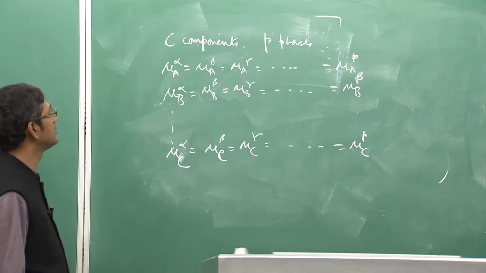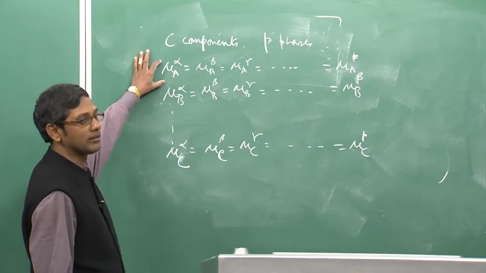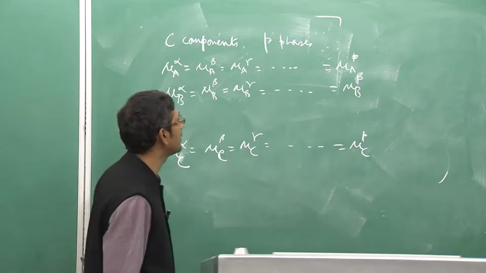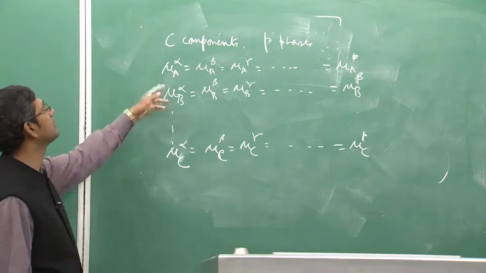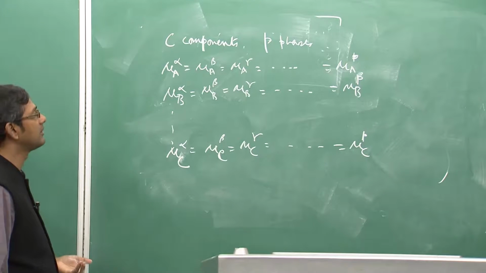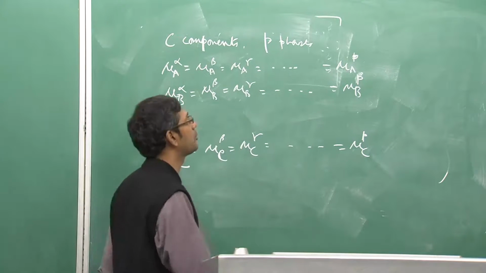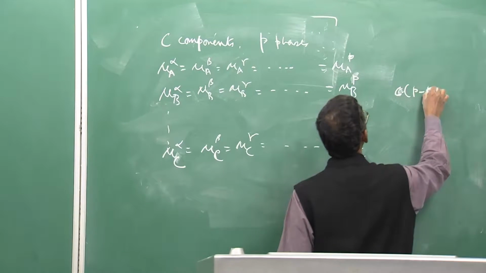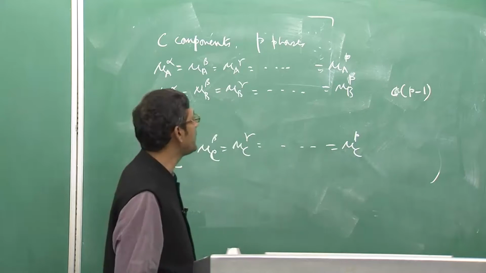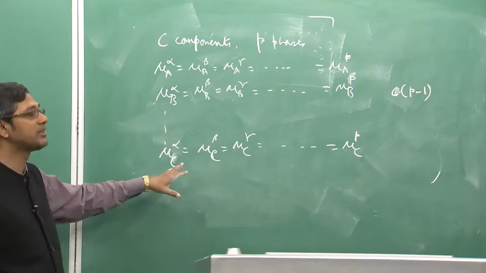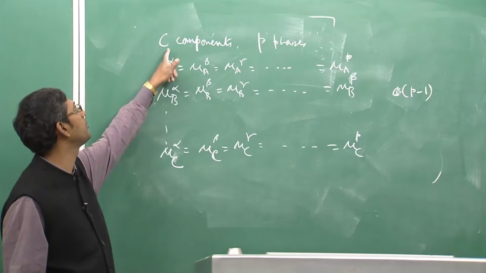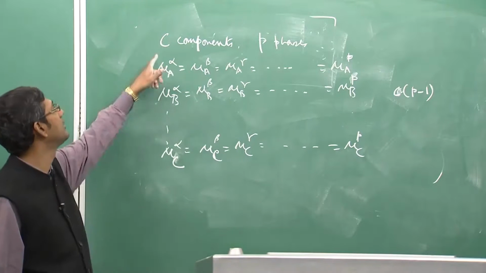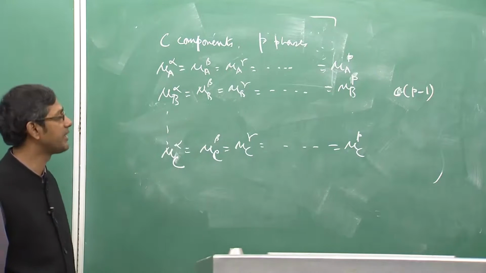Let us consider this one. In one row how many equations are there? P minus 1, because one equation is irrelevant. There are C rows, so the total number of equations is C into P minus 1, which must be satisfied for a C component system with P phases.